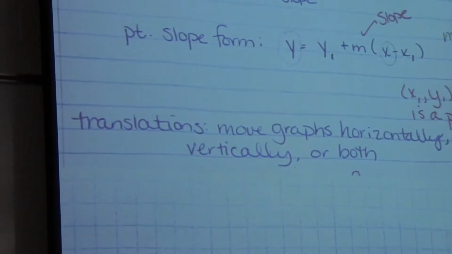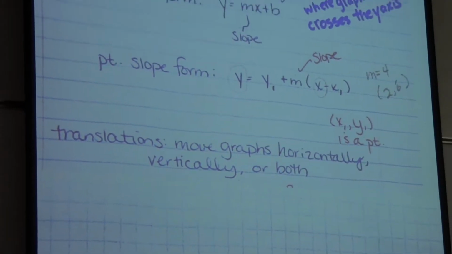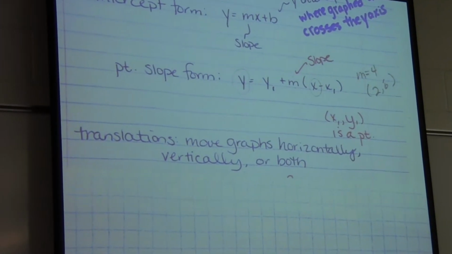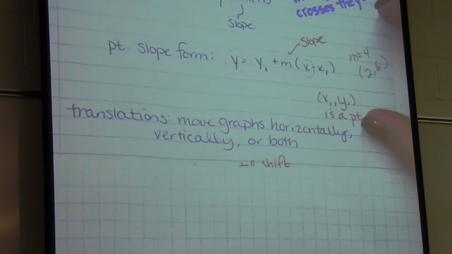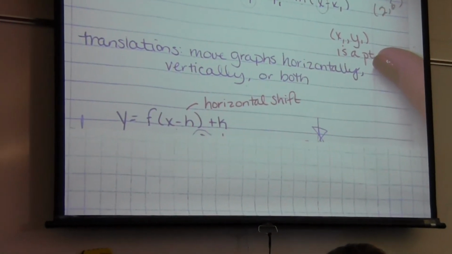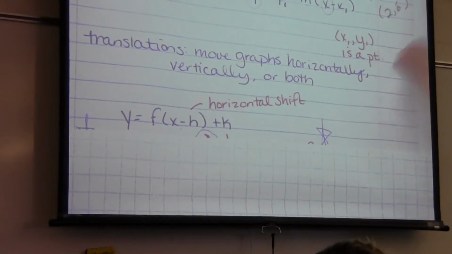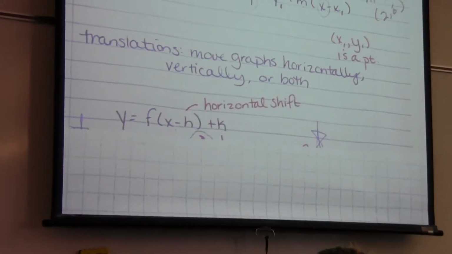Back in geometry, you did some translations where you moved graphs horizontally or vertically or both. So a translation is just a movement of your graph. So if we took a line, so we had some function y equals f of (x minus h) plus k.